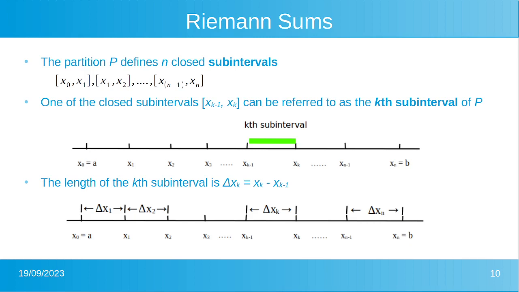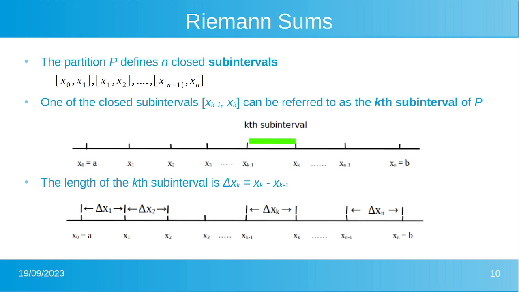The length of the kth subinterval is delta xk, which is equal to xk minus x_{k-1}. And we can see this here at the bottom figure at the bottom of the screen. So here we can see that the length of the first subinterval, delta x1, is x1 minus x0. The length of the second subinterval, delta x2, is equal to x2 minus x1.